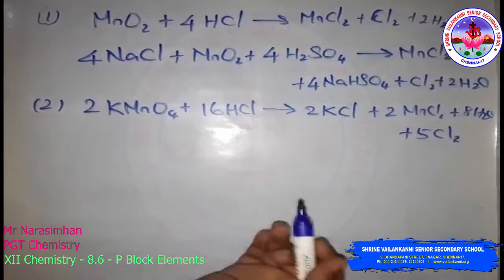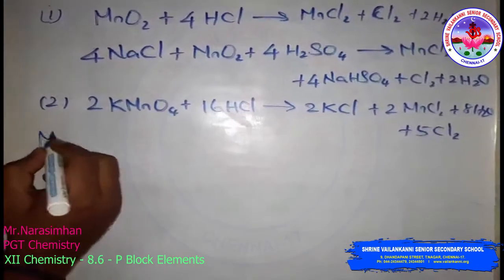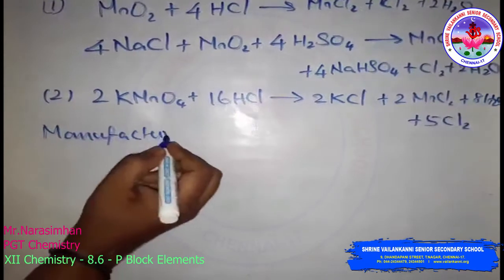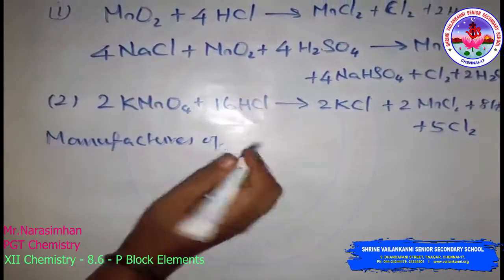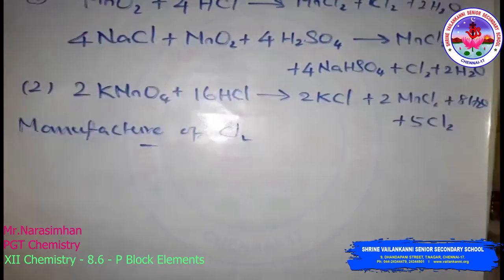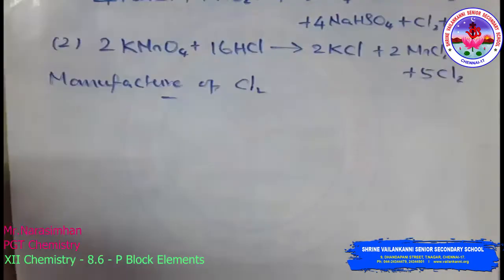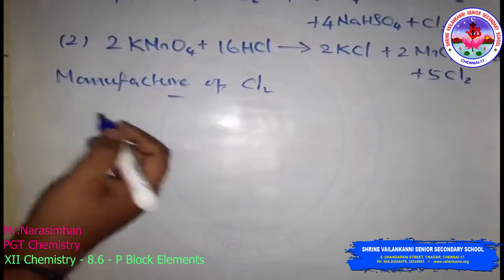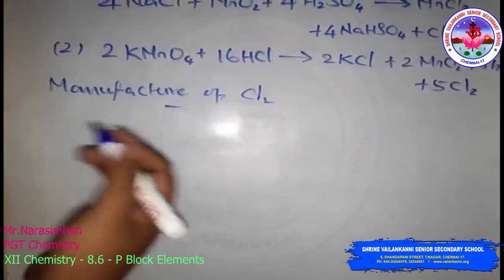Then manufacture of chlorine. Here there are two processes. One is the Deacon process, another one is the electrolytic process.